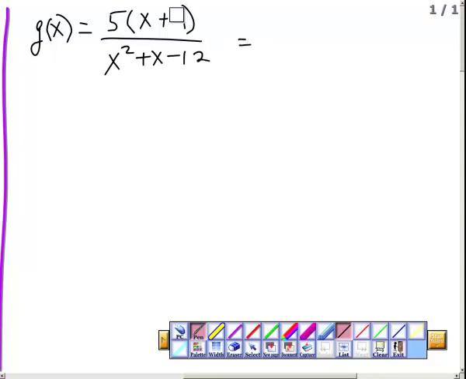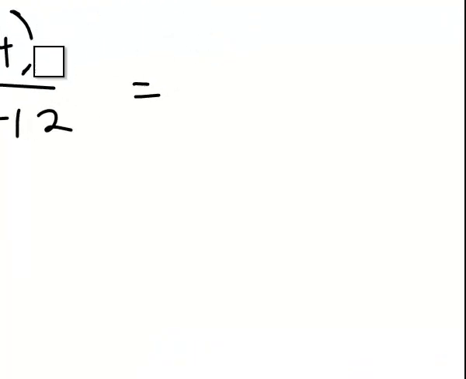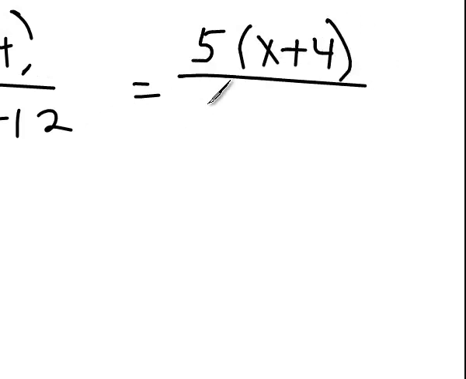Well, the numerator is already factored, so we don't have to worry about that. So we factor the denominator, and again we're going to get x plus 4 and x minus 3.